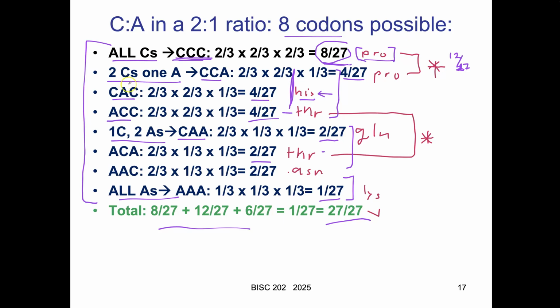Suppose you made it 5/1 C to A, right? And so on. And so you would have to do a lot of different experiments. And you would use this kind of information to work backwards and figure out from the amino acid proportions that you saw, and the proportions of codons that must be in the tube, and try to make a connection between those. So you can see that it was not trivial.